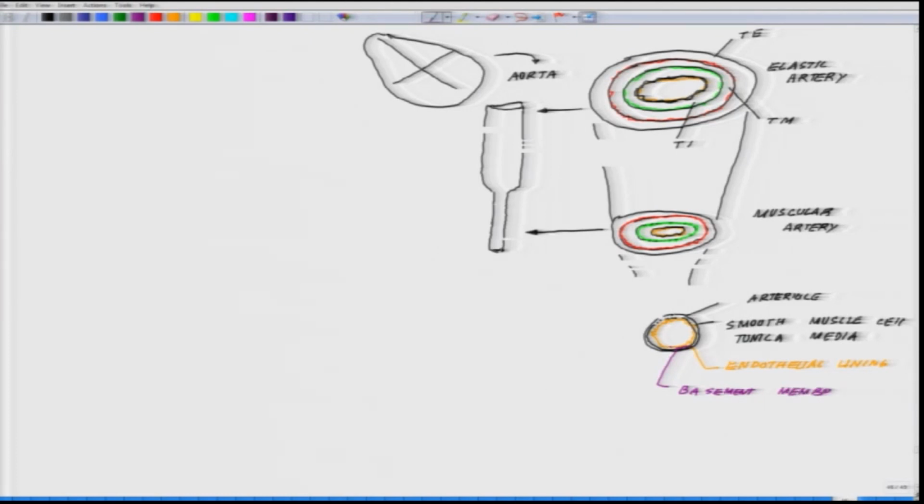So, the thickness of the vessel is slowly decreasing further.